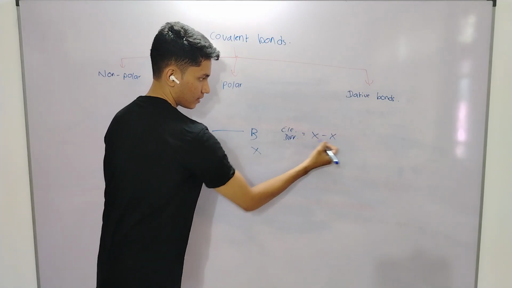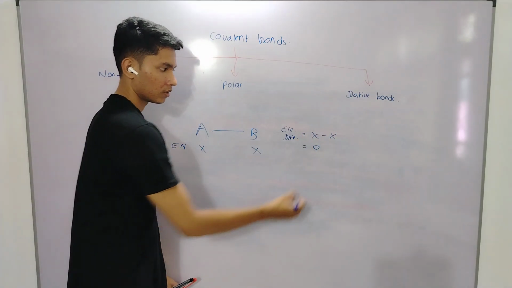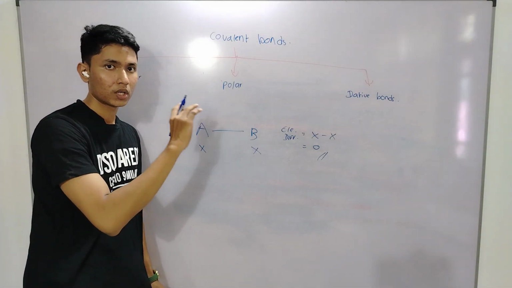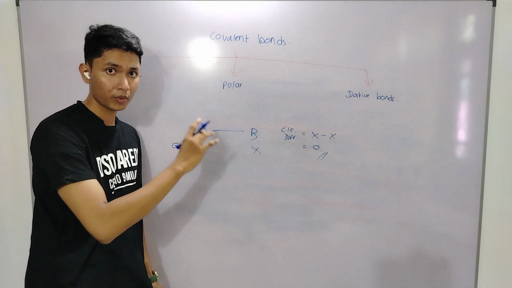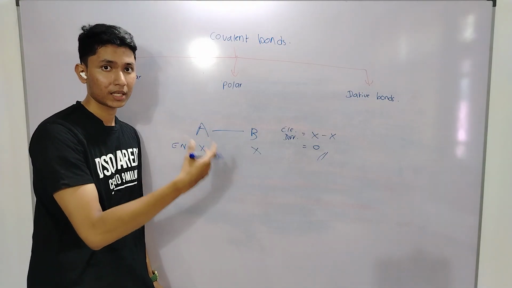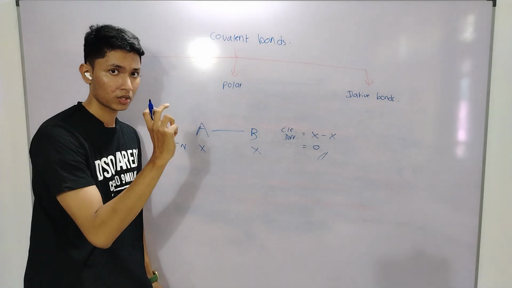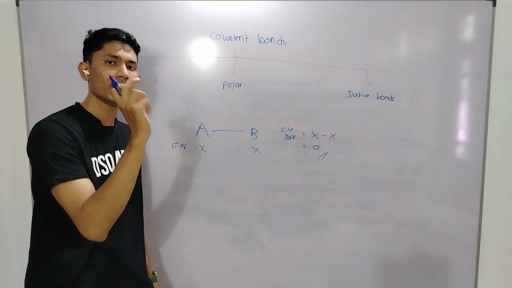X minus X is 0. The covalent bond formed between two atoms where the electronegativity difference is 0 is called a non-polar covalent bond.